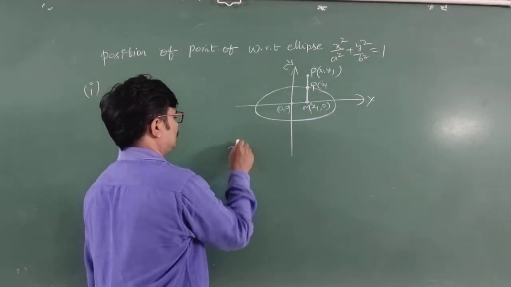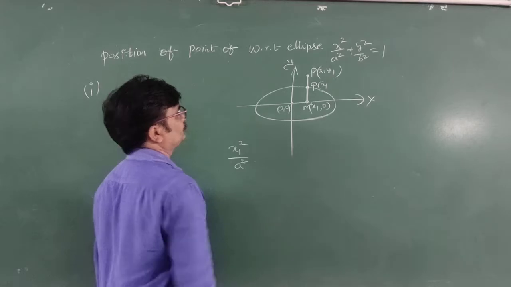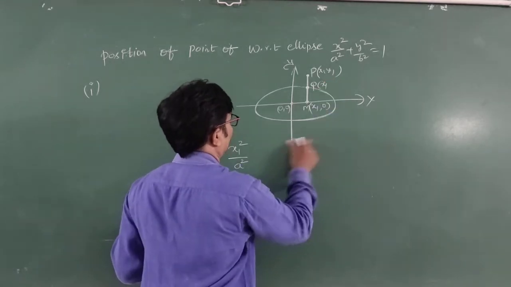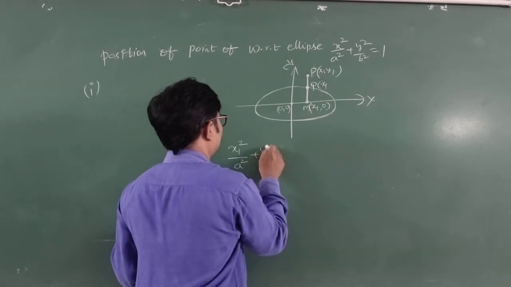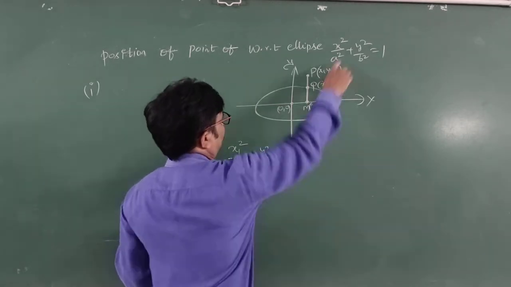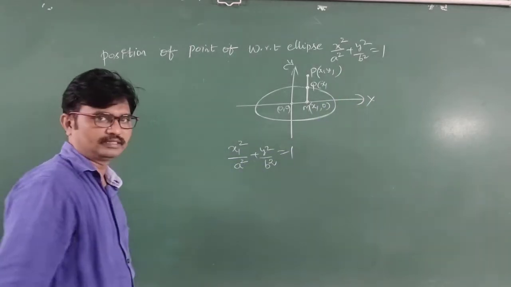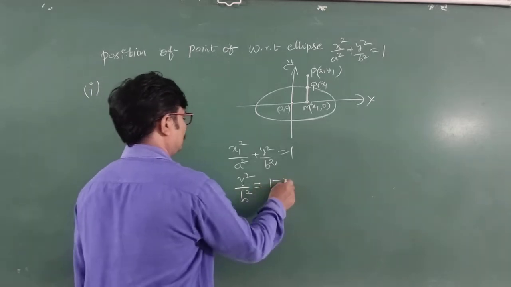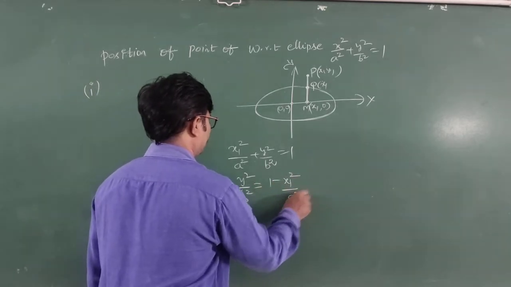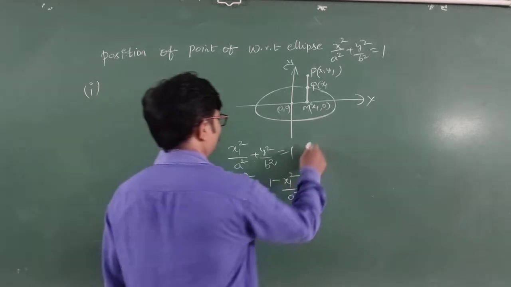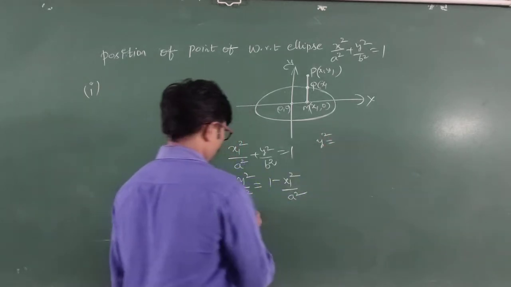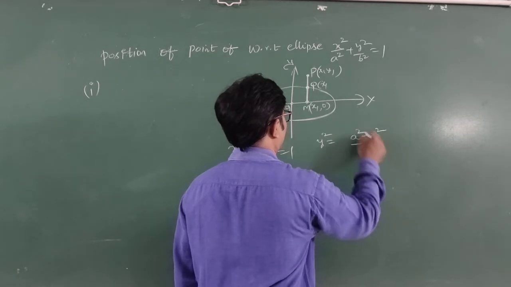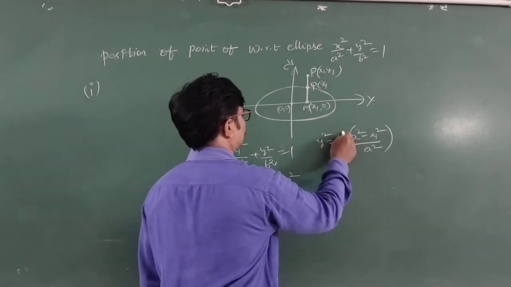So dear students, we substitute the point x1 here. The x1 square by a square plus y square by b square equals 1. So y square by b square equals 1 minus x1 square by a square. How to write this: y square equals, the LCM being a square, a square minus x1 square by a square, and b square goes to the other side.